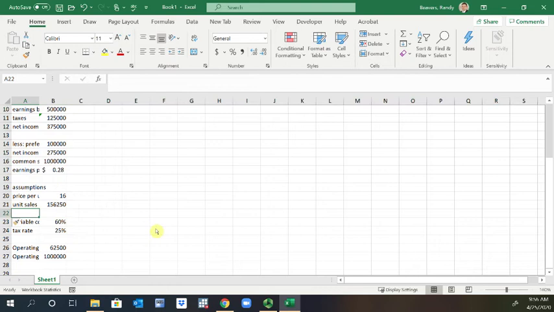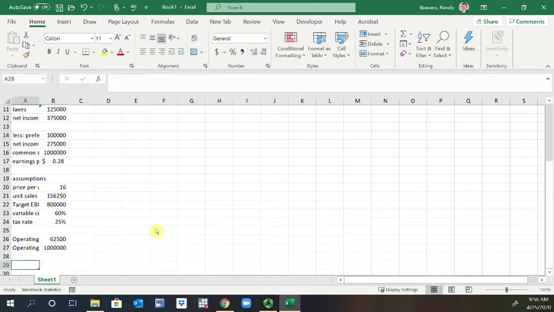So A22 is now going to be something called target EBIT. So maybe instead of breaking even, you want to hit a certain profit goal. And that'll be 800,000.